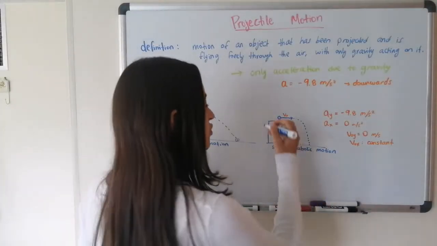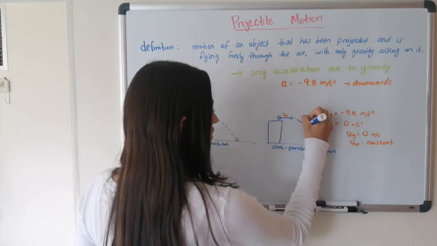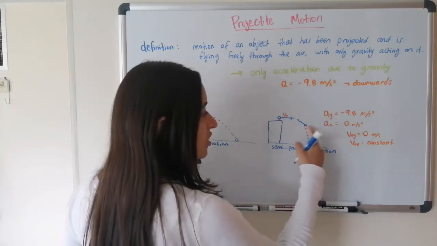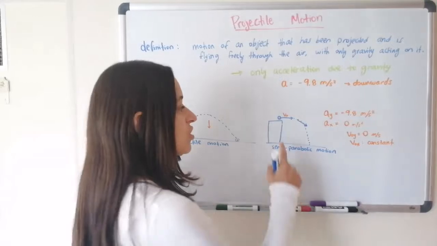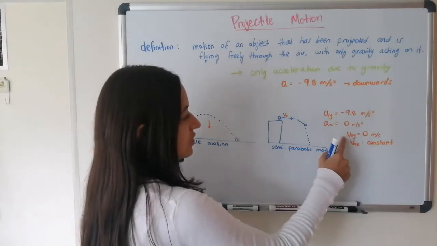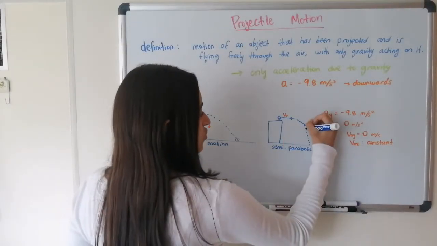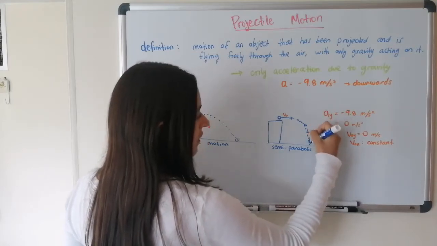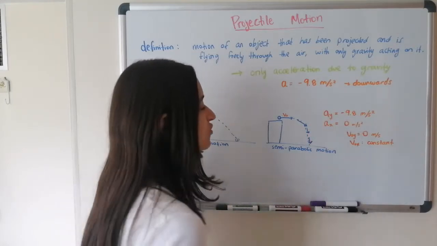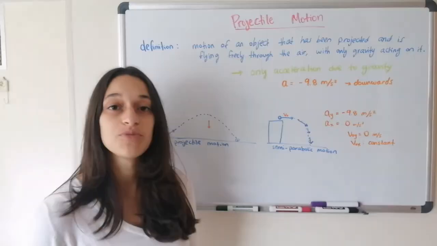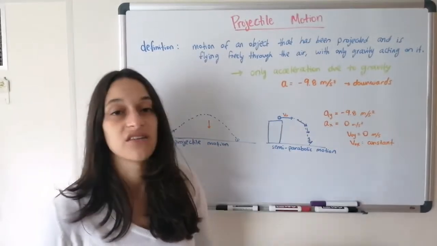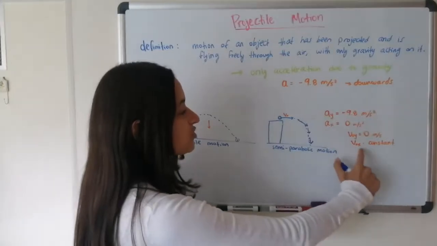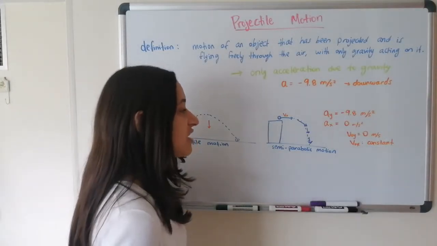But as it moves forward, it's going to start acquiring a velocity downwards as well because there is an acceleration. So the initial vertical is 0, but as it goes forward, it's going to get more and more vertical velocity. And when it hits the ground, the vertical velocity will be even greater than the horizontal velocity that was not changing. But there will always be a constant horizontal velocity as well.